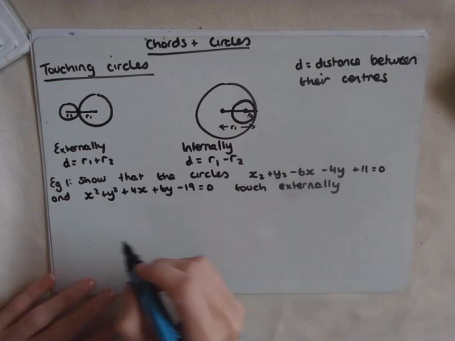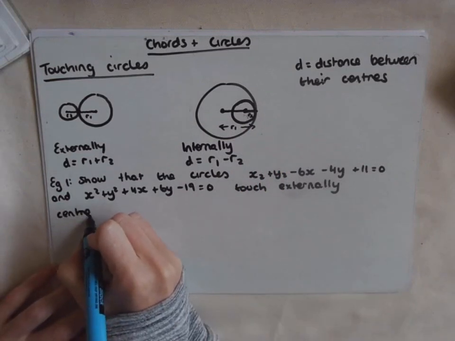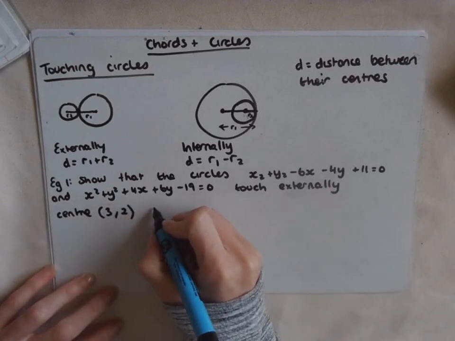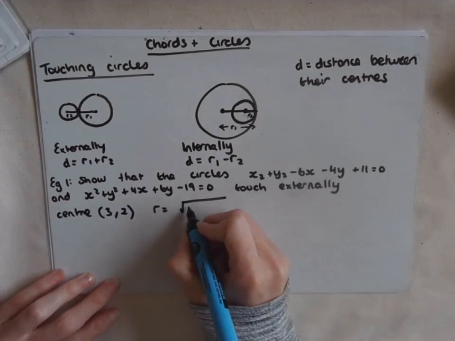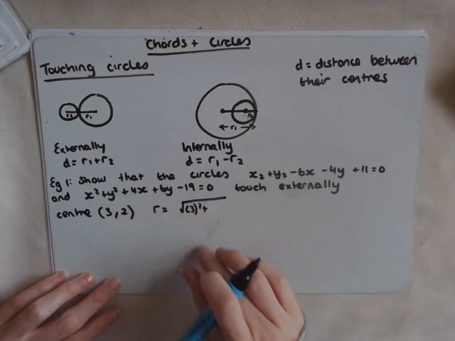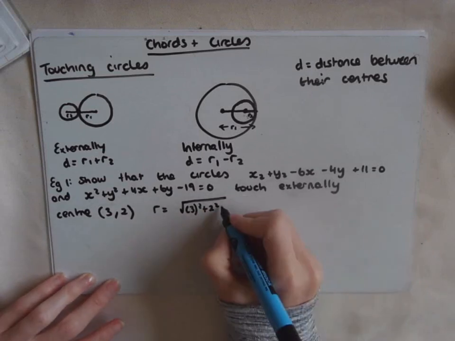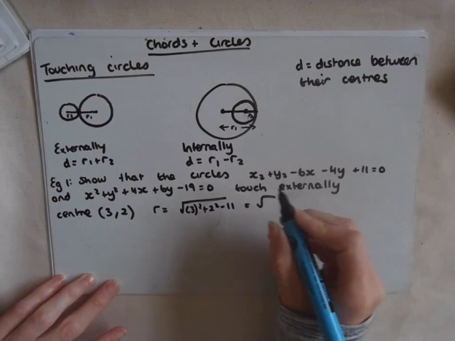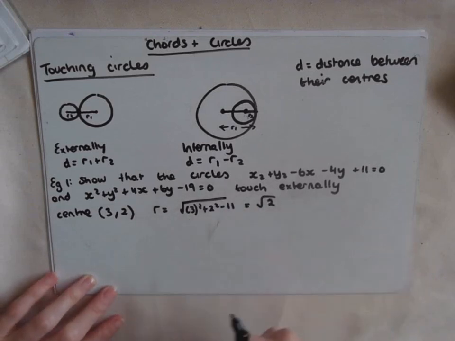First of all, you need to get the center and the radius. So the center is minus half that and minus half that, and the radius is, just stick that into your formula, 3 squared plus 2 squared, and then minus the c. So 9 and 4 take 11 is square root 2.